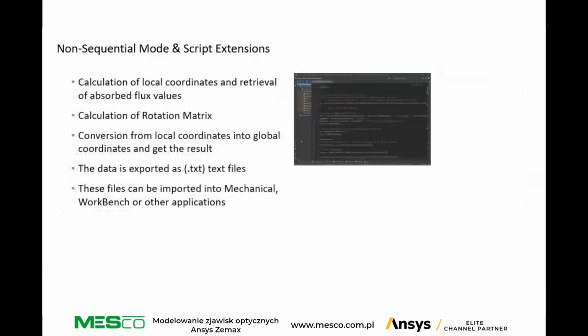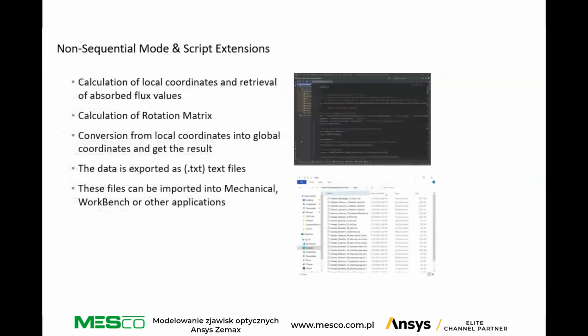So this will be the script. It calculates the local coordinate and retrieves the absorbed flux value. And if needed, it converts from local coordinates into global coordinates.